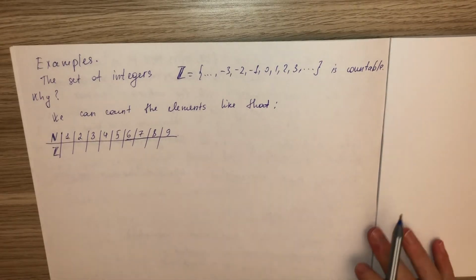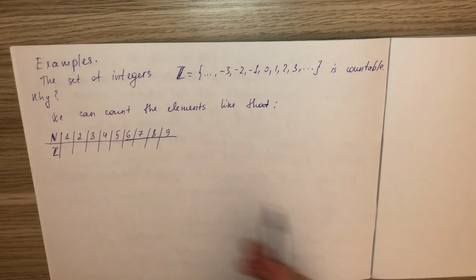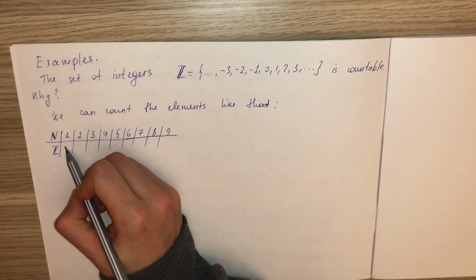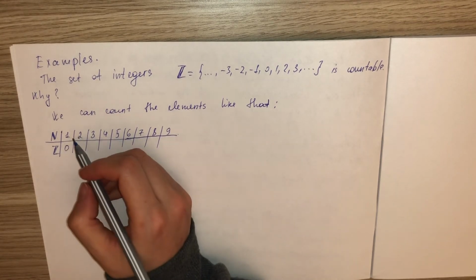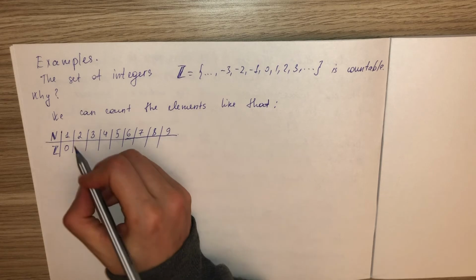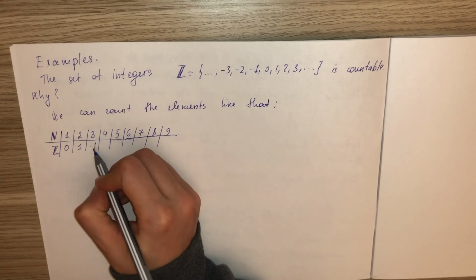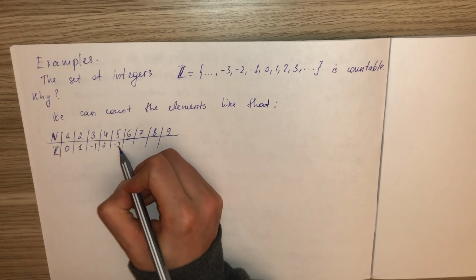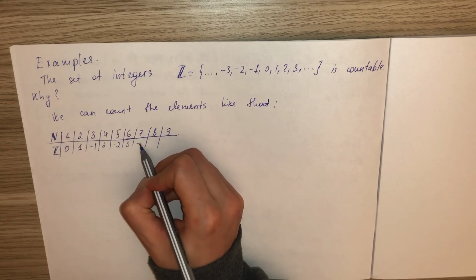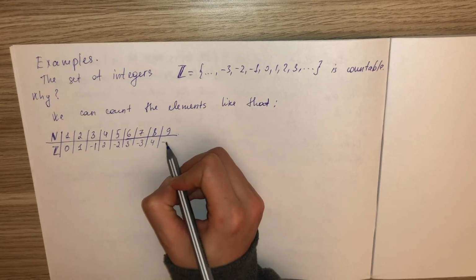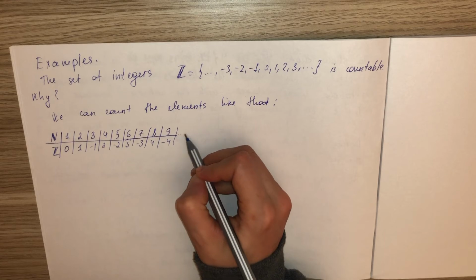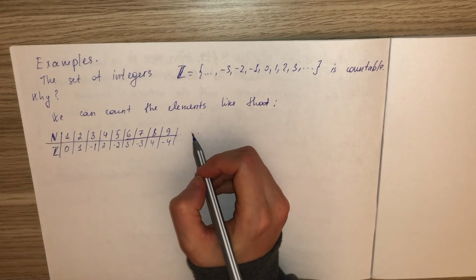So we can start with 0 and continue with 1, minus 1, 2, minus 2, 3, minus 3, 4, minus 4, and so on.